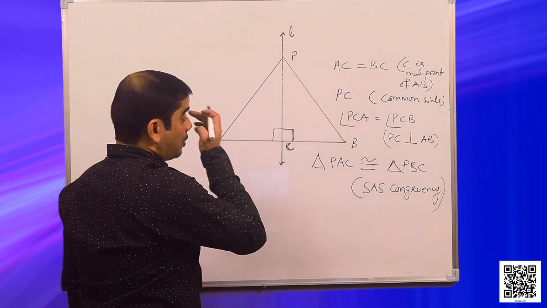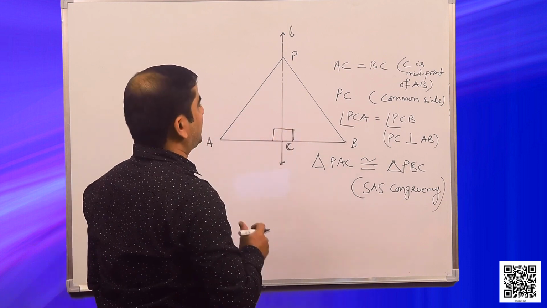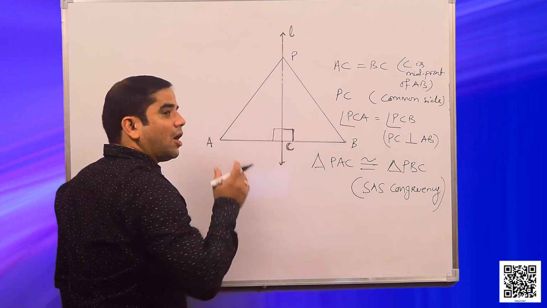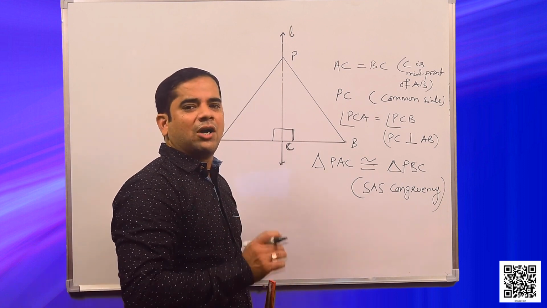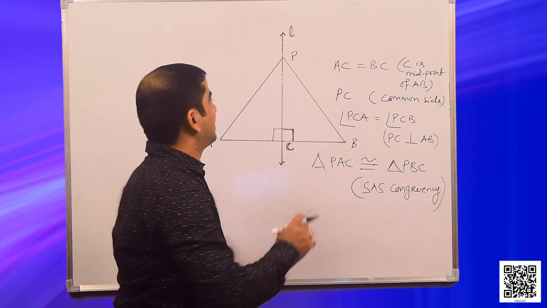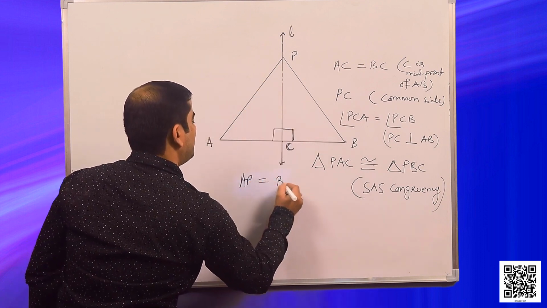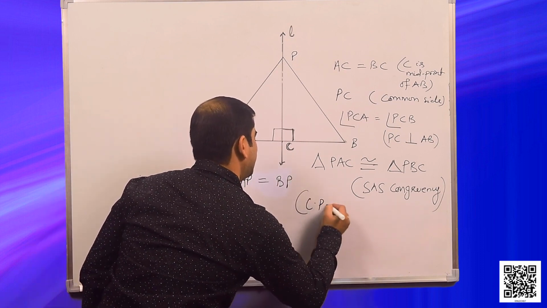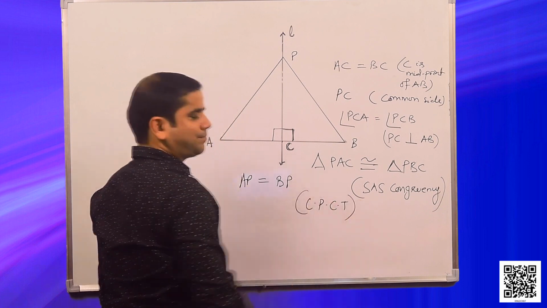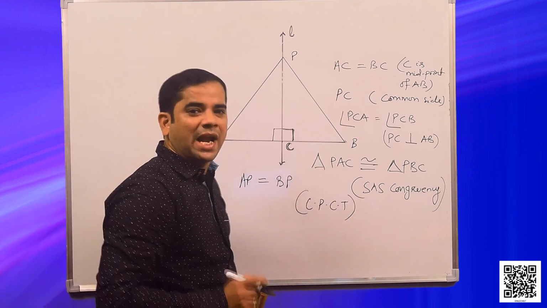So as these two triangles are congruent to each other, we know that all other sides and angles are also congruent or the same to each other. That means AP is equal to BP. We can write CPCT, corresponding parts of congruent triangles.